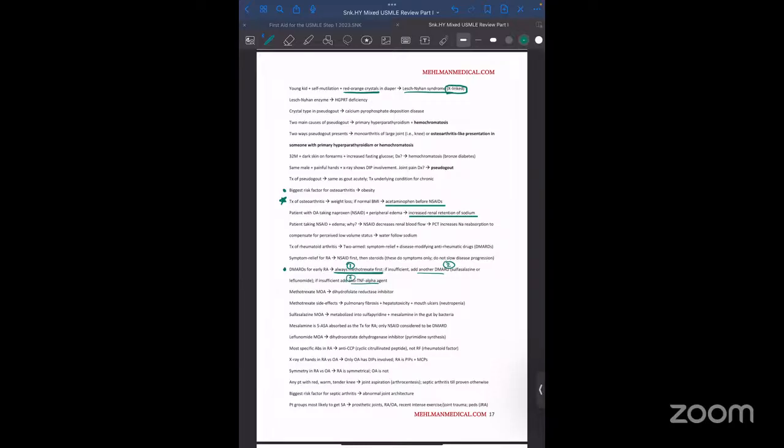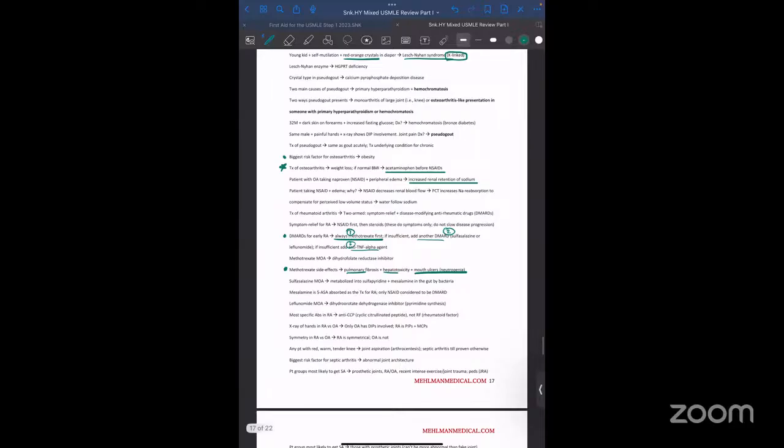Methotrexate mechanism of action: dihydrofolate reductase inhibitor. Methotrexate side effects are pulmonary fibrosis, hepatotoxicity, and mouth ulcers because of neutropenia. Then sulfasalazine mechanism of action is that it is metabolized into sulfapyridine plus mesalamine in the gut by bacteria. Mesalamine is a 5-aminosalicylic acid absorbed as the treatment for RA. Only NSAID considered to be a DMARD.